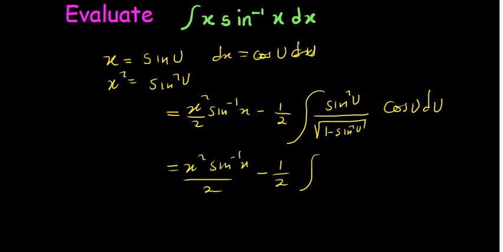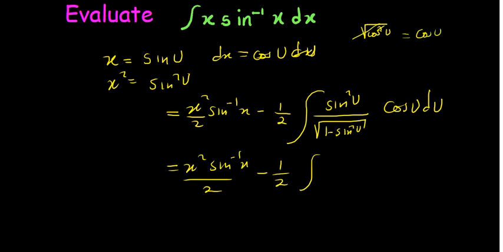Now we know 1 minus sine squared from the first identity. Sine squared plus cos squared is equal to 1. That means 1 minus sine squared is what? Cos squared. So we have the square root of cos squared u. And the square root and the square will cancel out. So we'll just remain with a cos u down.